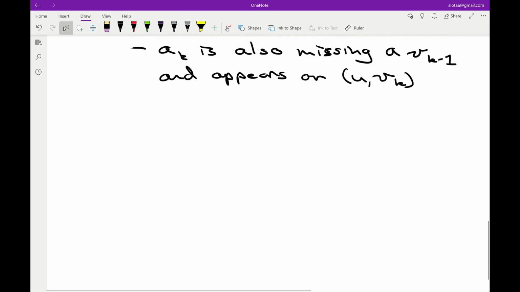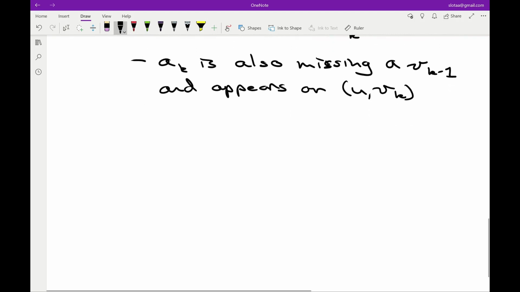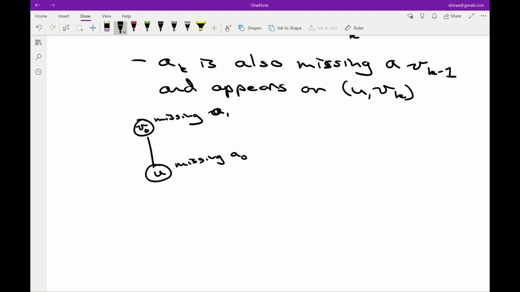So let's take another look at this specific setup for our case 2. We have our U again, and our V naught. U is missing A naught. We're assuming V naught is missing A1.